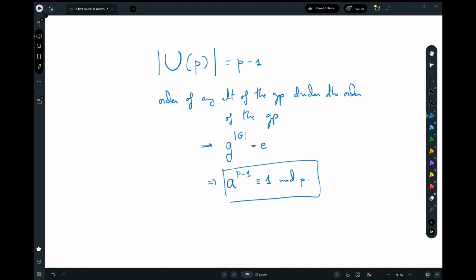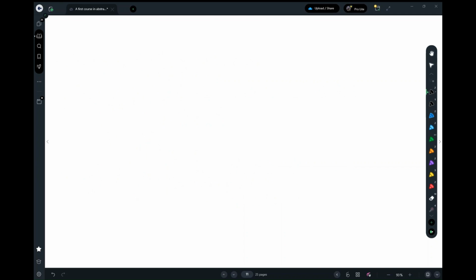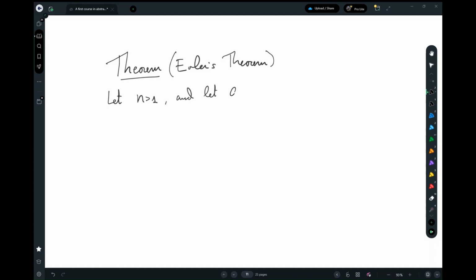Now that we know how to do this, we can do something even better, which is Euler's theorem. So Euler's theorem says the following: let n be bigger than 1, and let A be an integer that is relatively prime to n.